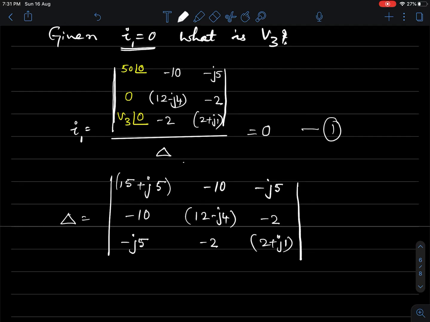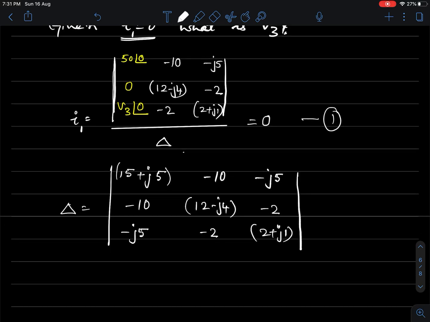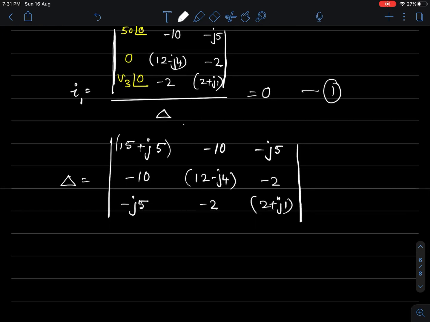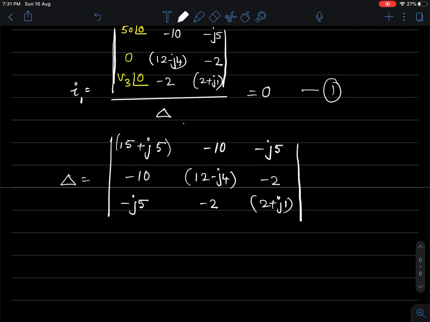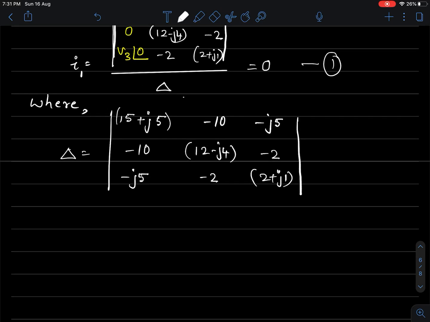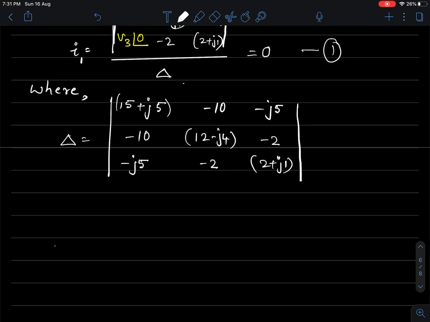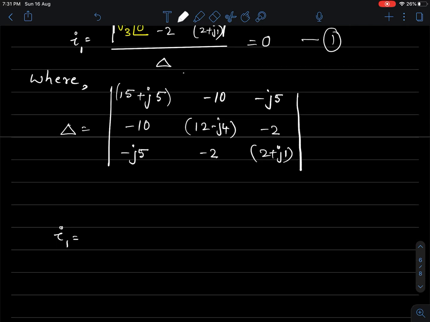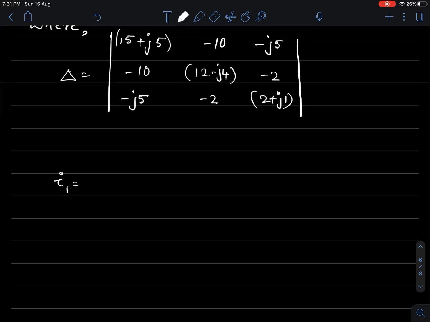So what is our I1 now equal to? From 1, I will write here where this is delta. Now what is I1 equal to? Therefore, I1 equal to this value. This is 50 at an angle 0, then I suppose 0.